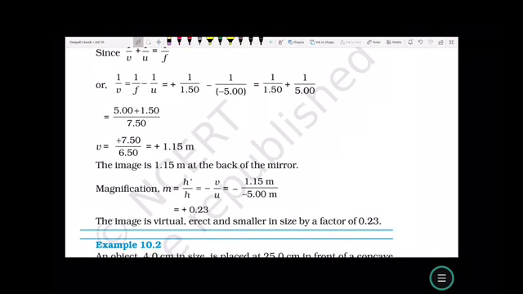So, V is equal to 7.5 upon 6.5 is equal to 1.15. So, the image is 1.15 meters at the back of the mirror.